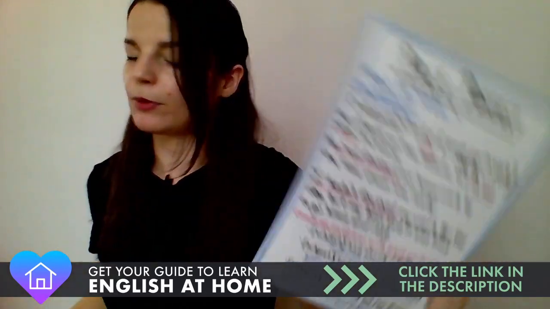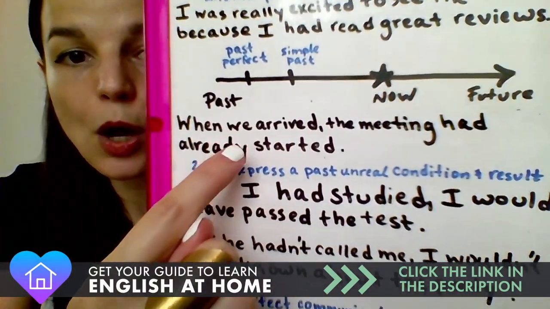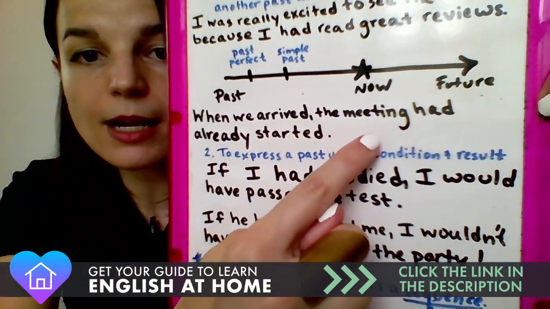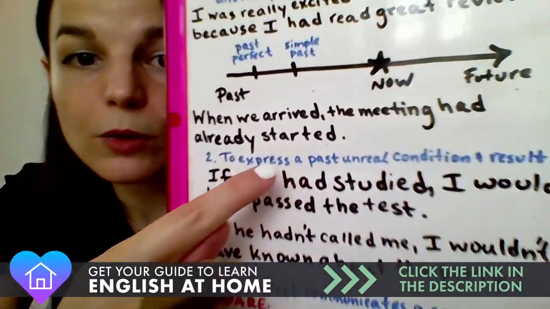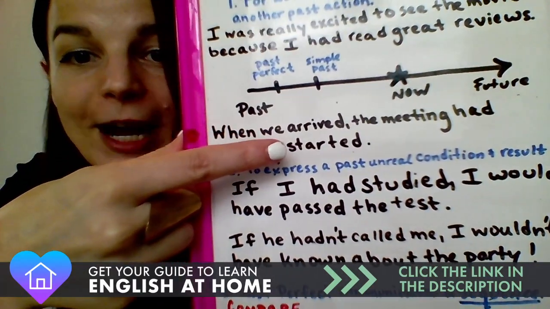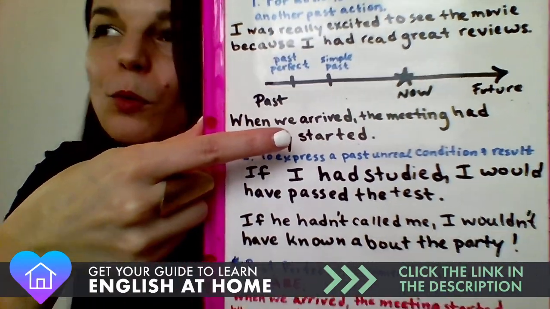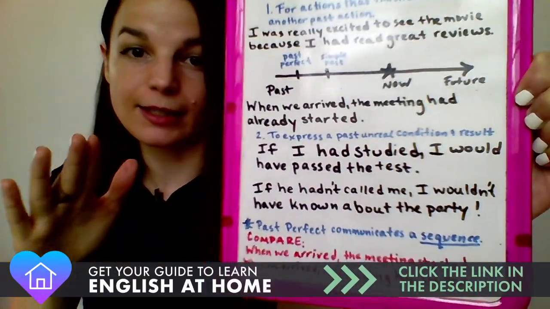I'll show you this example again. In this sentence, when we arrived, the meeting had already started. This sentence is correct. So is this sentence: when we arrived, the meeting had started. So what's the difference between already and not already? It's an emphasis thing.